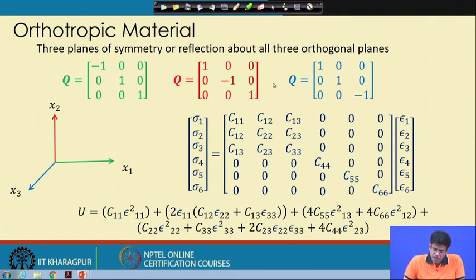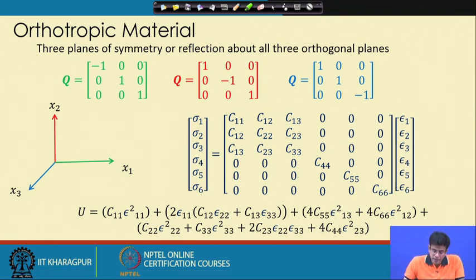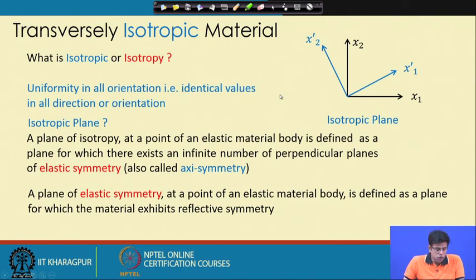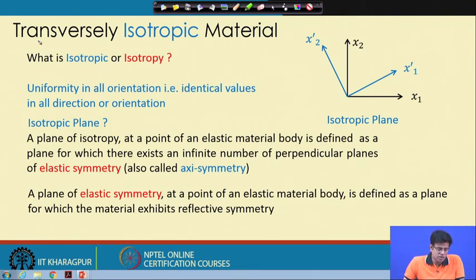Now, from here let us assume that the material is orthotropic, that is, there is reflection symmetry about 3 orthogonal planes, and then we deduce the transverse isotropic material constants. First of all, what does the word isotropic mean?